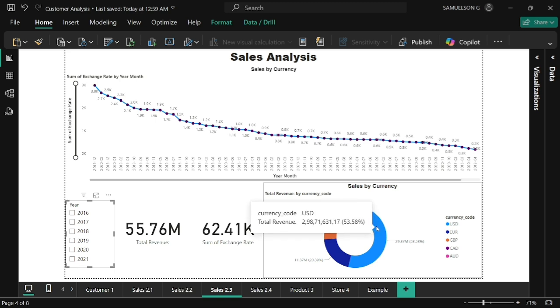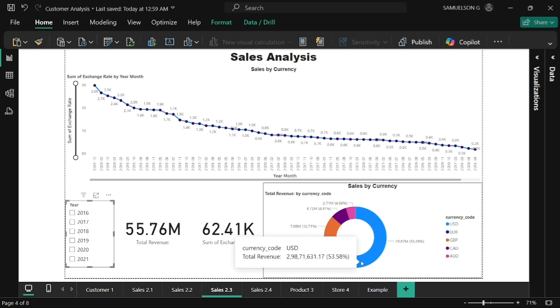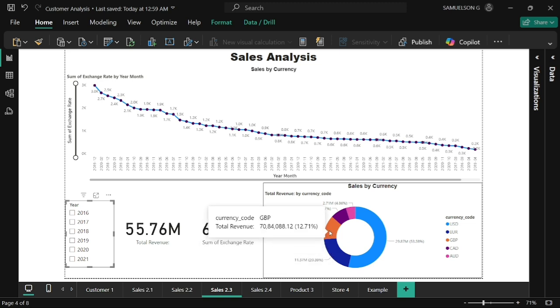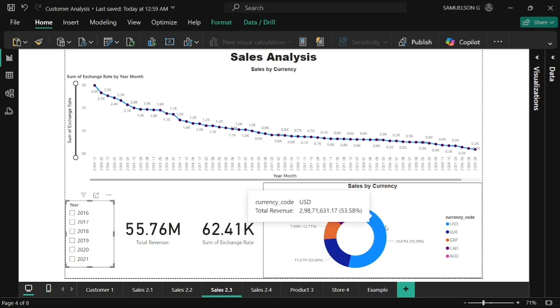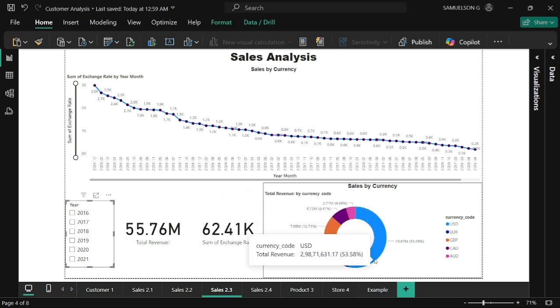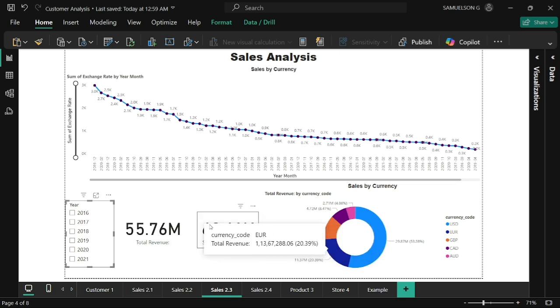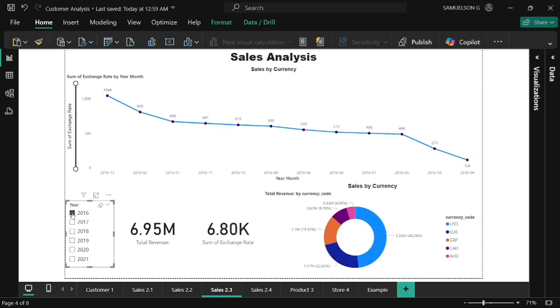That's the exchange rate. Now we will see this circle. How much the US currency is compared to others, how much the currency is circulating compared to others for purchases. Okay, let's see. In 2016, compared to others, it's big.